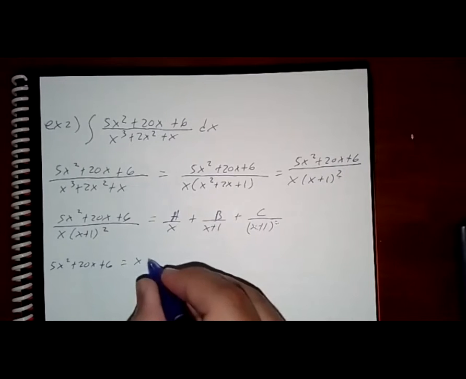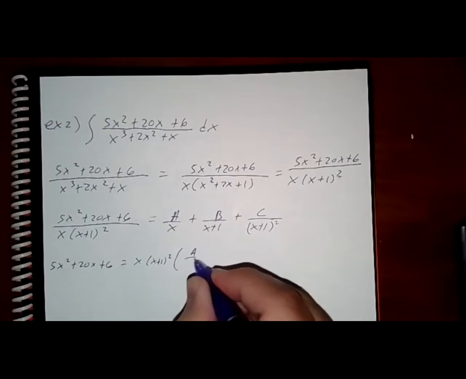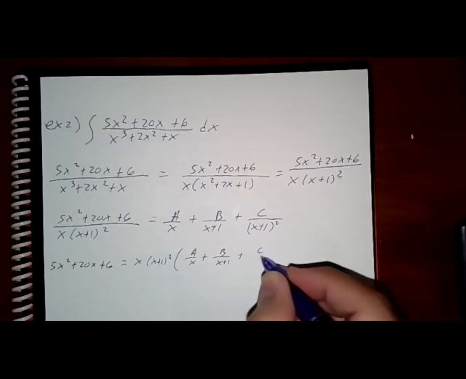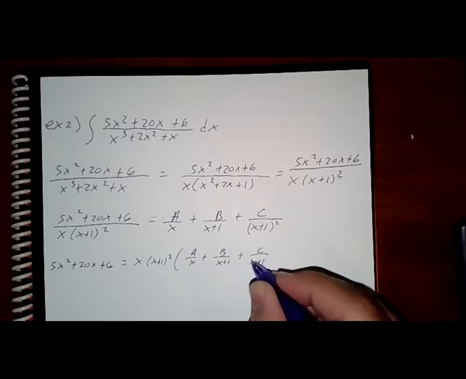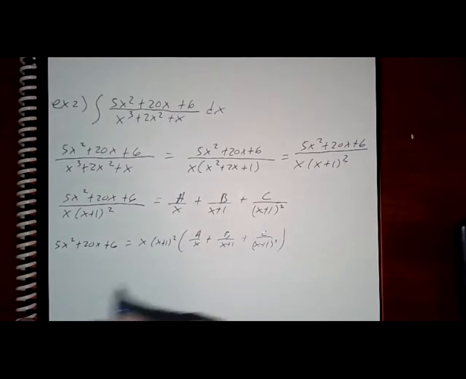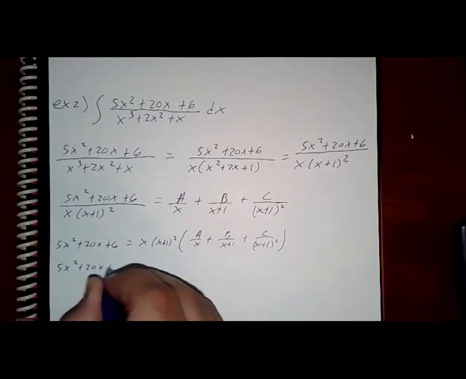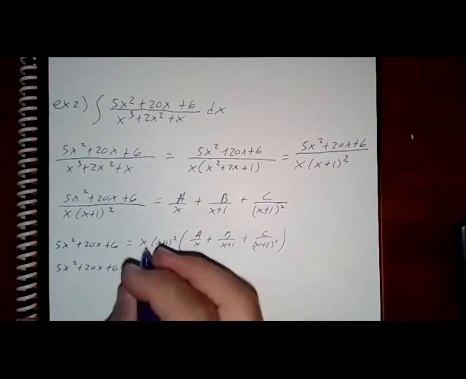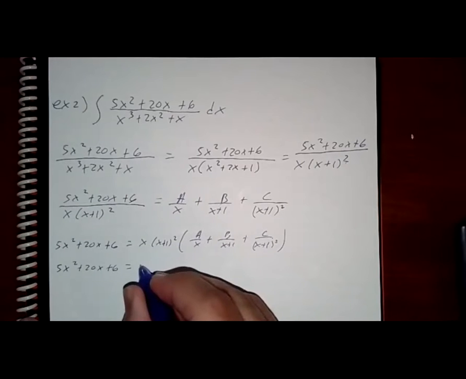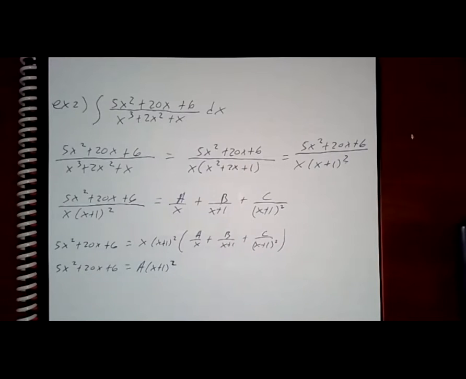So now I'm going to multiply this right side. When you distribute, sometimes the first one, like x's will cancel, leaving you with a times (x plus 1) squared.